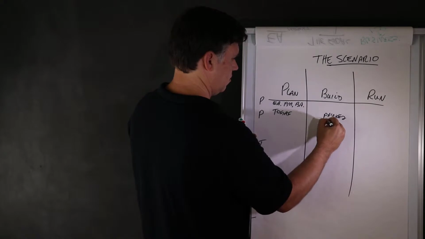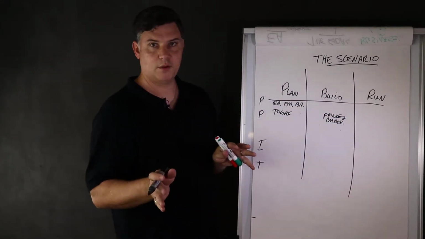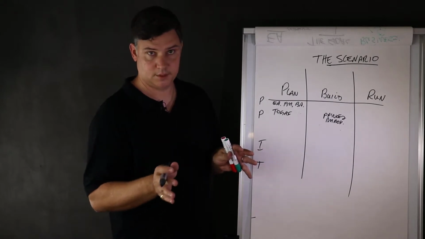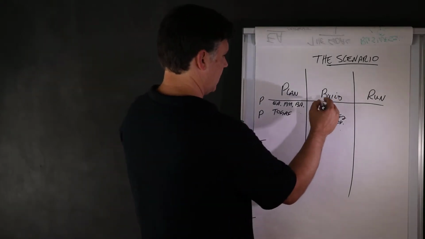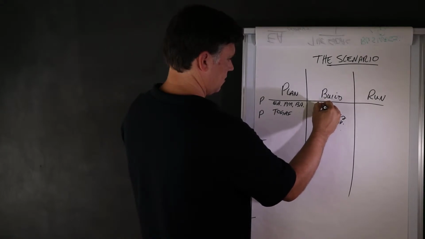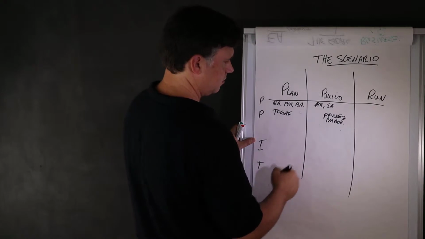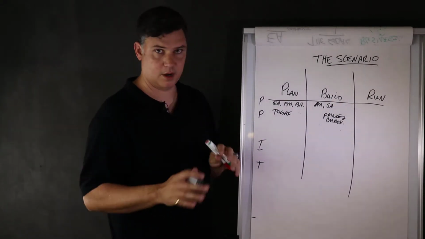PRINCE2, PMBOK. I affectionately call this framework hell. There's frameworks everywhere. Okay, this could be PMs, SAs, solution architects, you name it, there's all sorts of people running around that function.